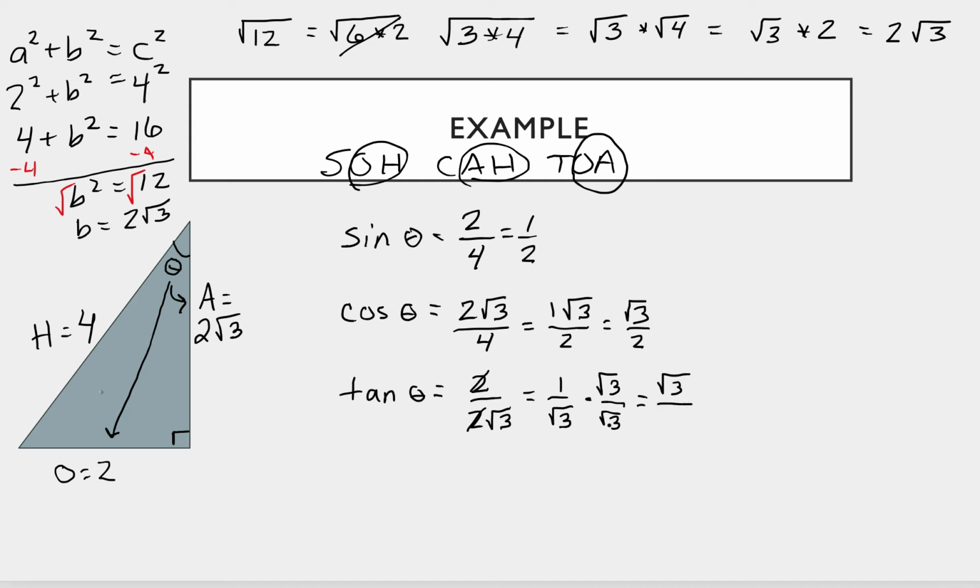The square root of 3 times the square root of 3, that's like the square root of 3 squared. And remember that if you have that, the square and the square root sort of cancel each other out, and you're just left with a 3. Okay, so that is the first 3.